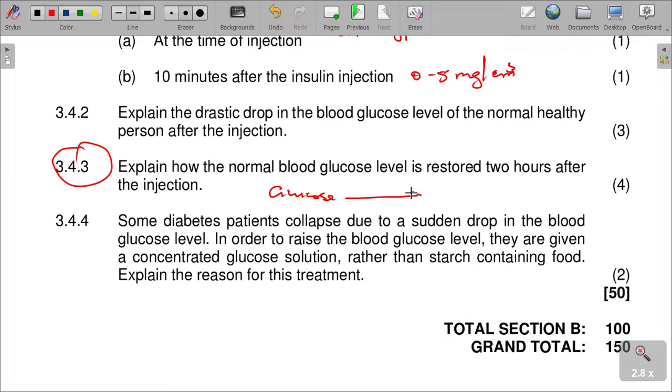Glucose, and then we have got glycogen, and then I said when it goes there, it is insulin that does that, and then when it comes back here, it is glucagon.